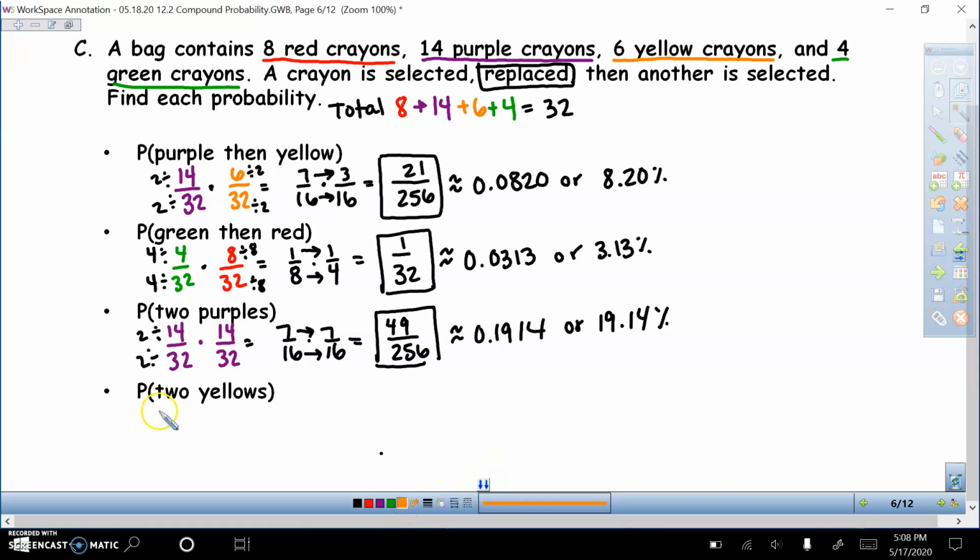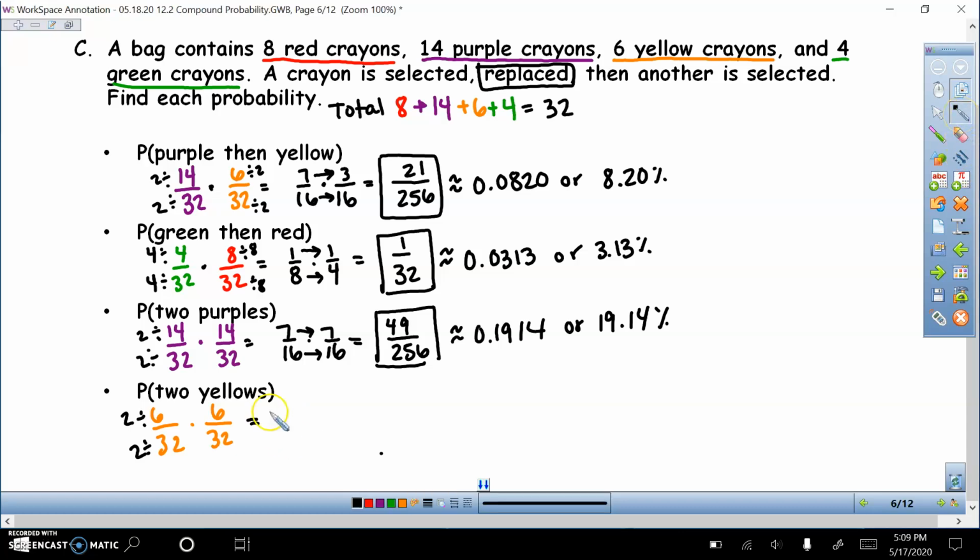So I have 6 yellow out of 32 crayons. I draw it, I put it back, so I still have 6 out of 32 yellow crayons. And then again, simplify before you multiply. Whoops, sorry. I was looking at the wrong line. I was looking at the line above.